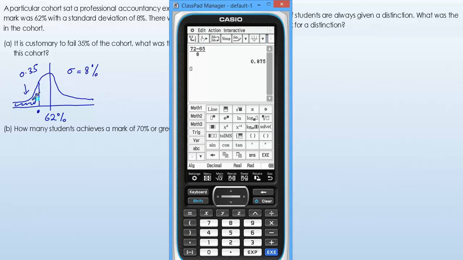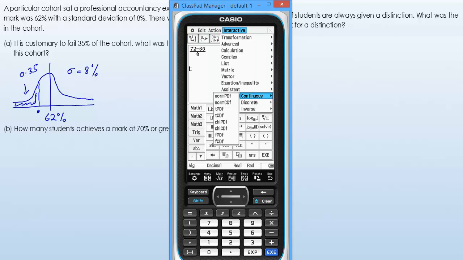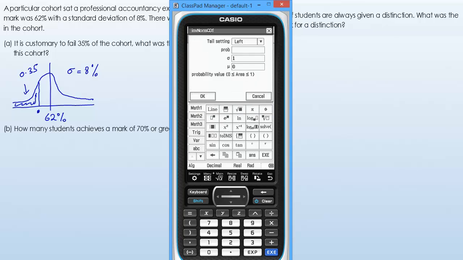Now we know the percentage, or we know the probability, and we want to find a value here. And to do that we use something called InvNorm. So we go to continuous, actually we go to inverse, because it's an inverse, InvNorm CDF.